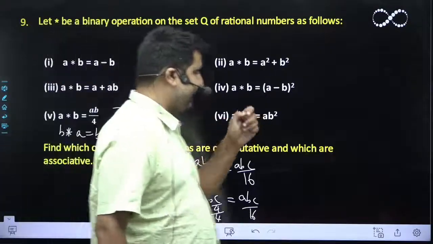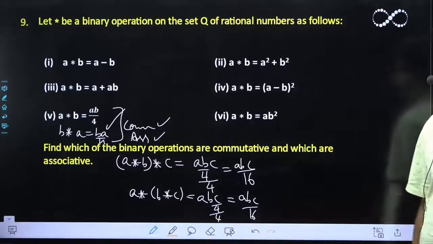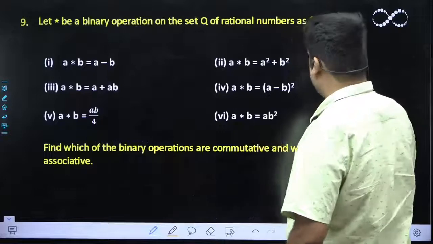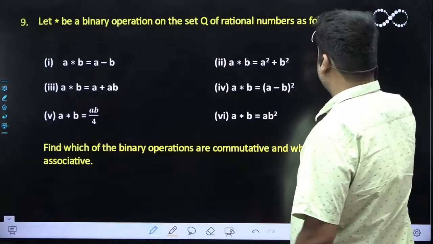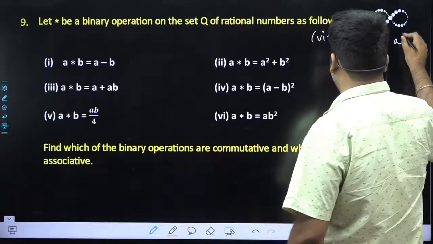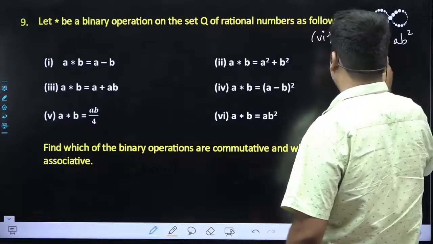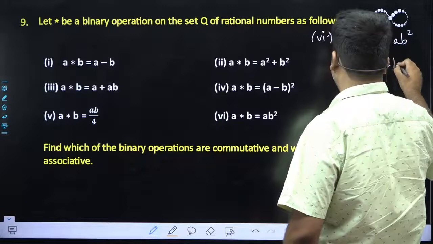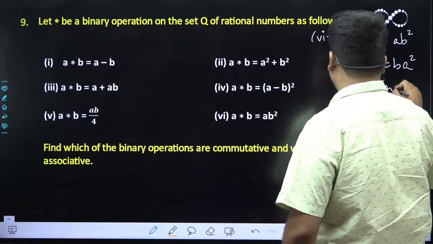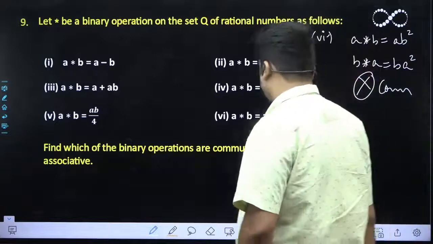Next is A star B is AB square. Okay. So for sixth, first A star B, this is AB square. What is B star A? This is BA square. So these are not equal, so therefore this is not commutative.